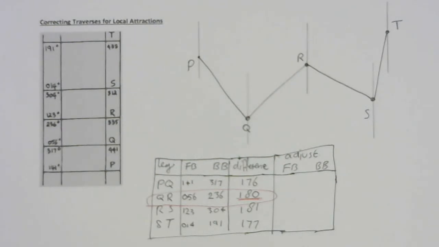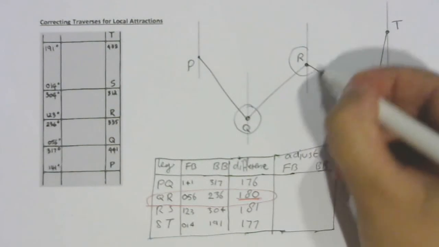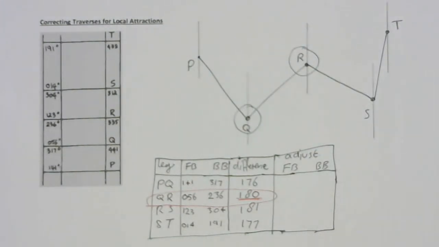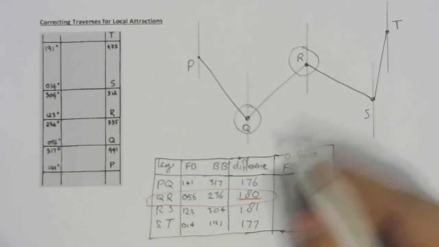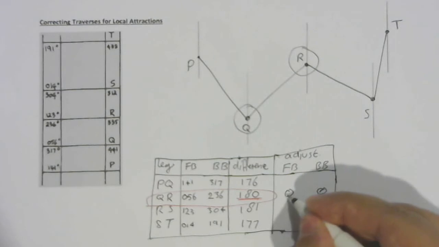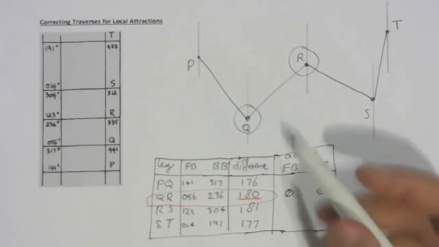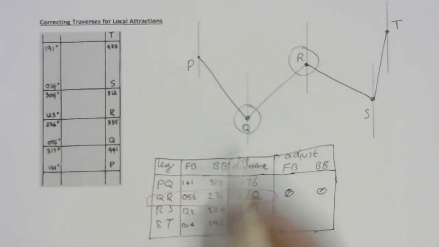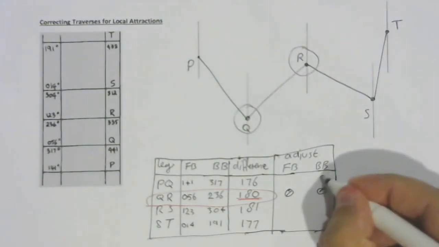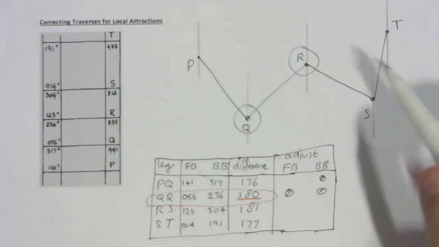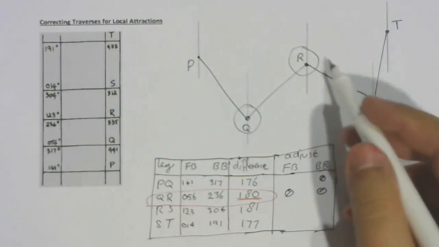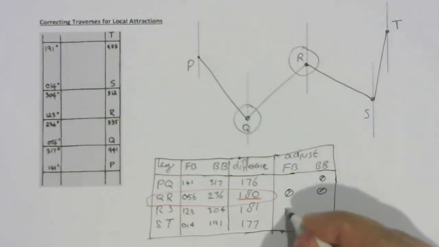Okay. Now, some assumptions we can make. Because the difference between the forward bearing and the back bearing for QR is 180, we can assume that both point Q and point R are free from any attractions, which means no adjustments need to be made to either Q or R. But also for anything measured at Q and R, which is QP, the back bearing for PQ, so that's got to be safe, and for RS, the forward bearing measuring from R to S, that one's got to be fine too.